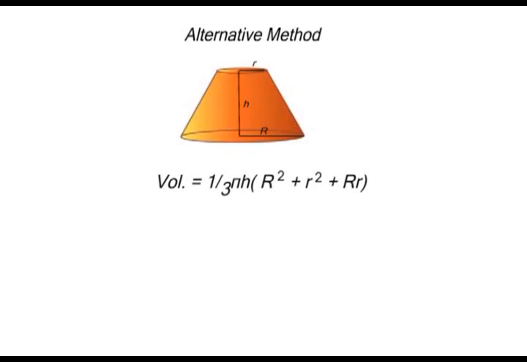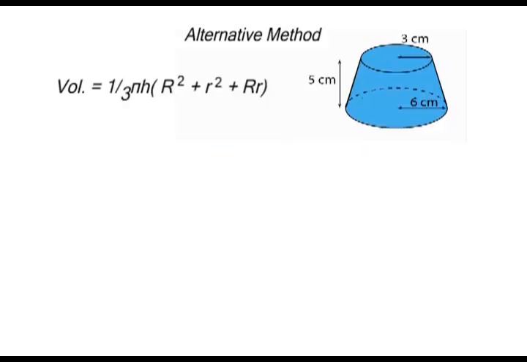Let's try the formula with the solid. R capital is equal to 6 centimeters, that is the larger radius. R small is equal to 3 centimeters and h is 5 centimeters. Substituting these values, volume is equal to a third times 3.142 times 5 into (6 squared plus 3 squared plus 6 times 3).